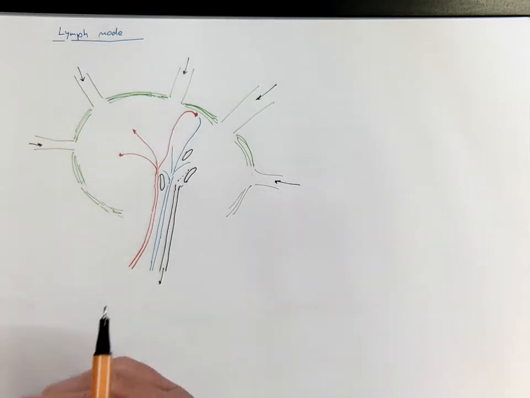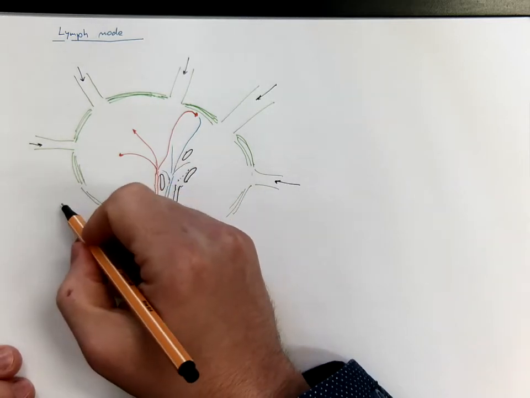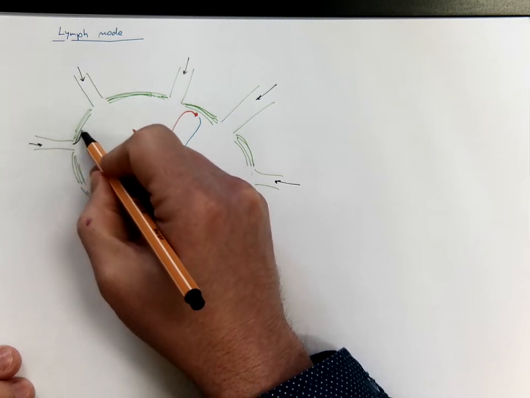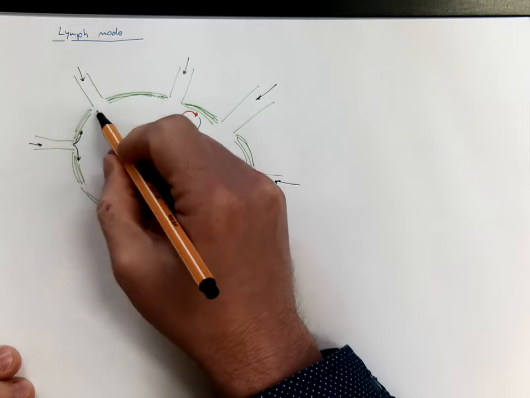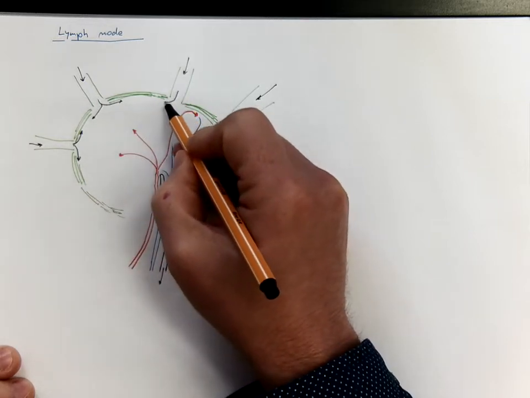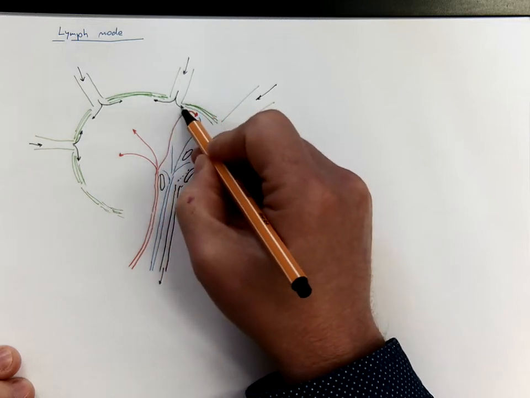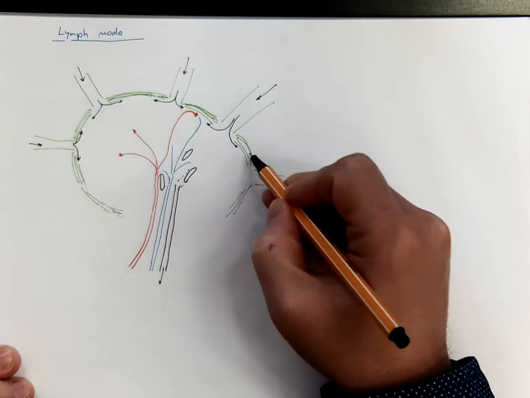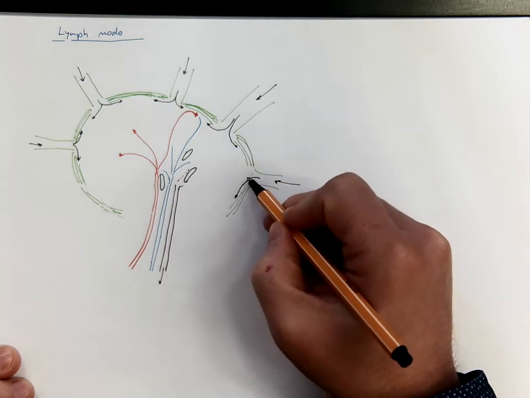So once the lymph enters the lymph node, it flows through a capillary space just beneath the fibrous capsule, and the capillary space is called the subcapsular or marginal sinus.